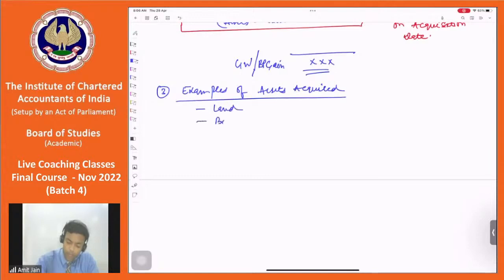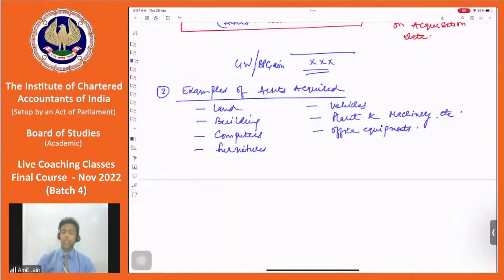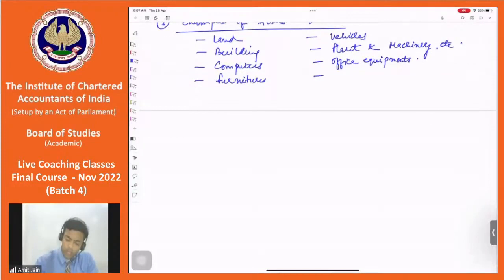Land, building, computers, furniture, vehicles, plant and machinery, office equipment, etc. Also trade receivables, other current assets, other current or non-current assets.